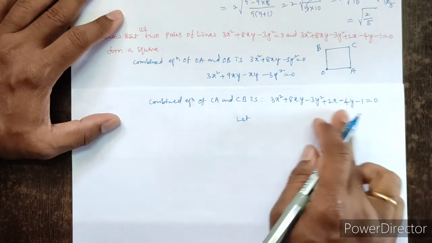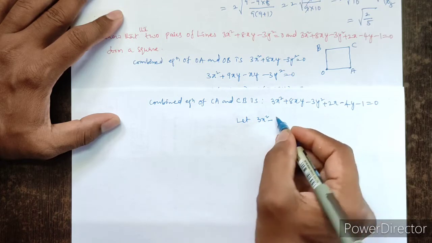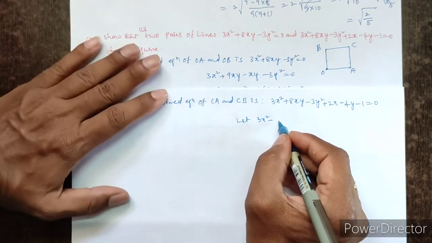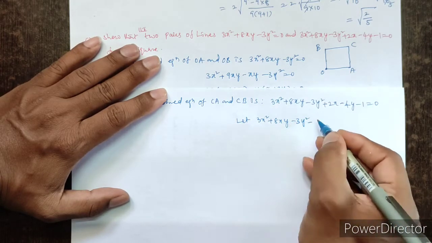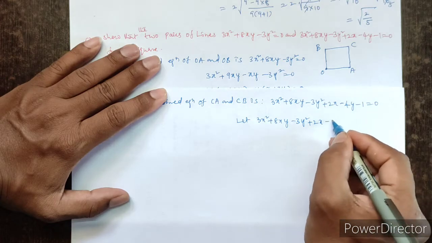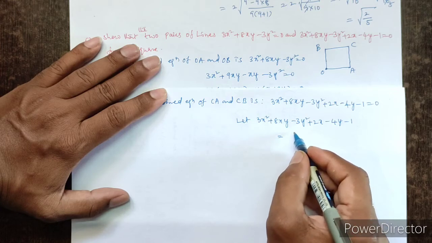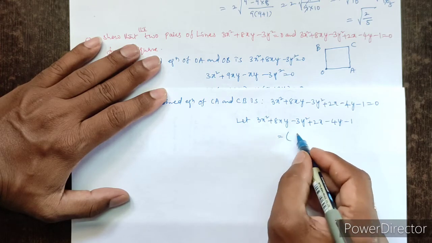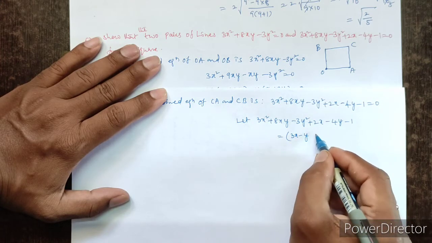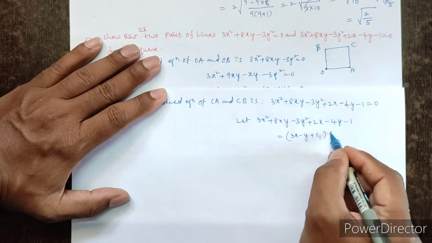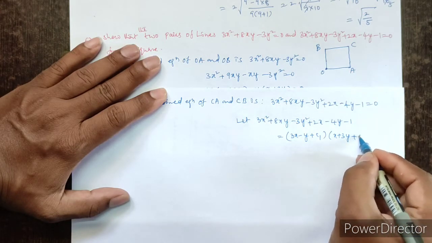For that I am writing 3x square plus 8xy minus 3y square plus 2x minus 4y minus 1 as a product of two lines, that is (3x minus y plus c1) into (x plus 3y plus c2).